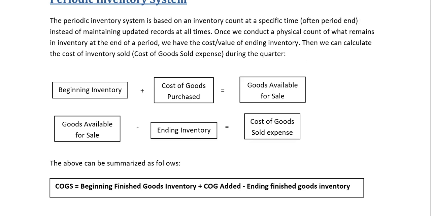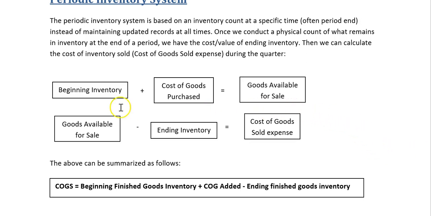Going back to periodic inventory system, once we conduct a physical count, what remains in inventory at the end of the period, we have the cost or value of ending inventory. Then we can calculate the cost of inventory sold, which is cost of goods sold expense during the quarter or any reporting period for that matter.